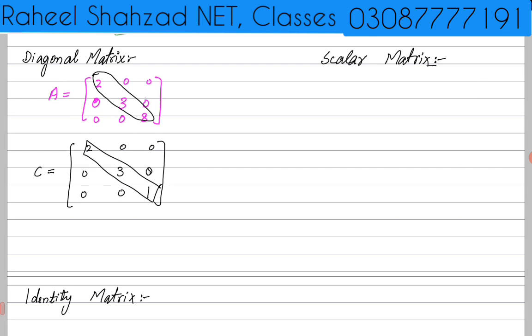So after diagonal matrix, what will be a scalar matrix? Scalar matrix is going to be a diagonal matrix in which all diagonal entries are same.